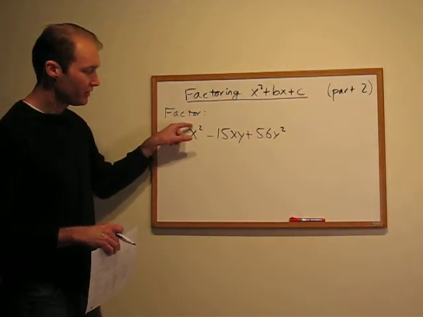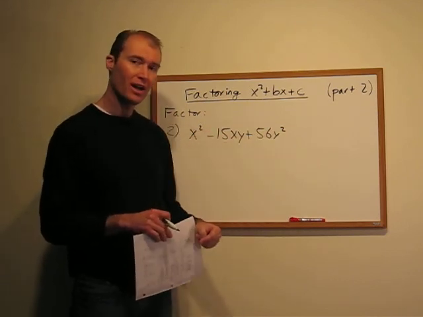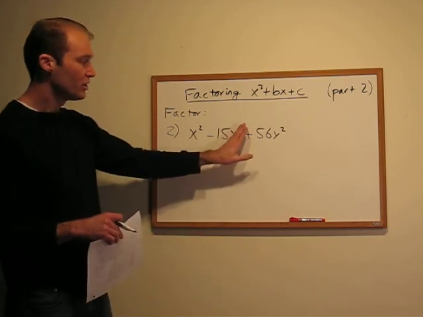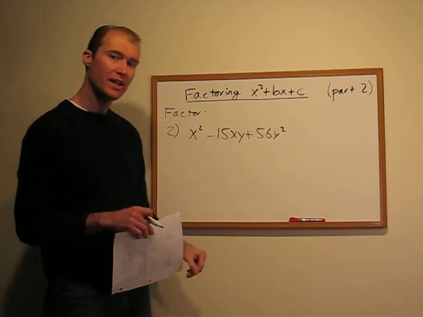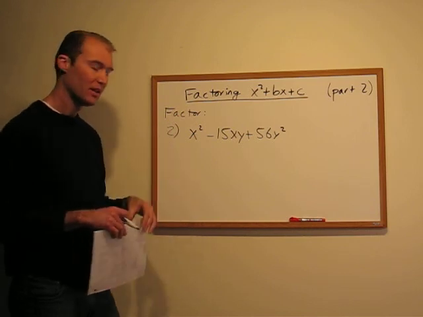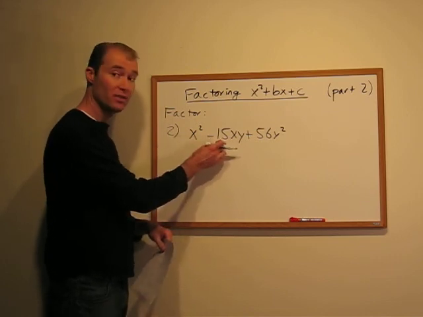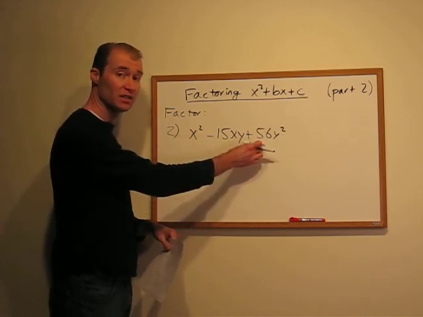Notice how I have descending powers of x and ascending powers of y. You would know how to do that without the y's. Let's pretend for a minute that I can't see the y's, and I'm just going to do it as if it was x squared minus 15x plus 56.